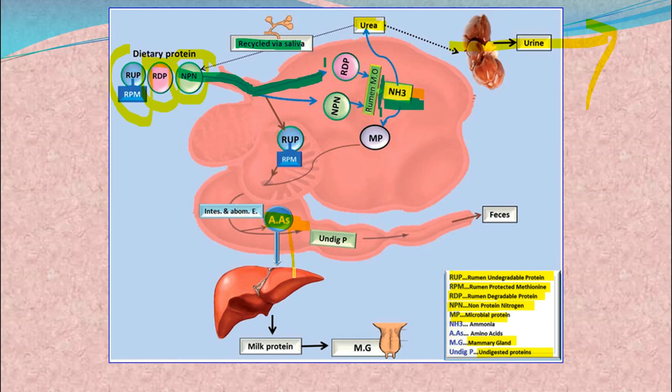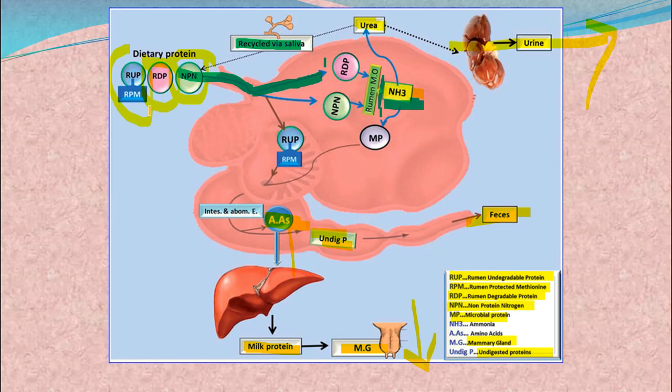These amino acids enter the liver and get converted into different types of proteins, especially milk proteins, and they enter the mammary gland and are secreted through the milk. The undigested proteins are totally secreted in the feces. That's how one needs to know the structure.